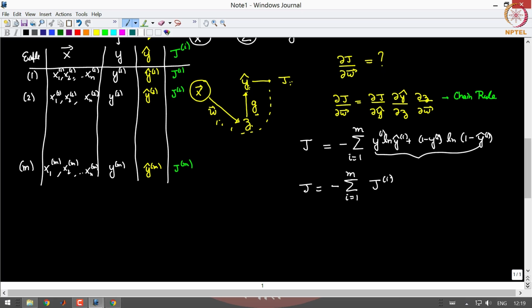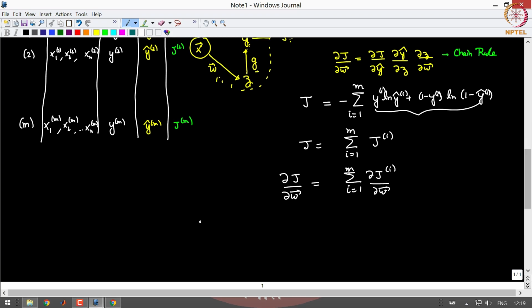Okay. So, suppose I want del j del w, this is also going to be, actually I will remove the minus, let us include the minus within the j^i. This is del j^i del w vector. Okay.